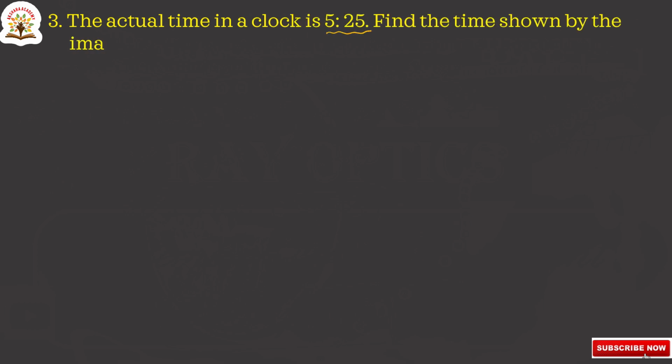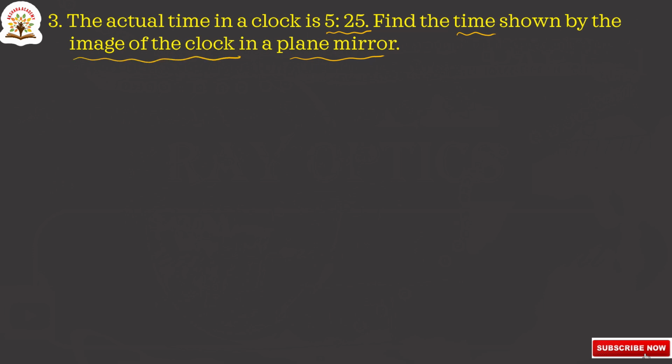In this question, the actual time in a clock is 5 hours 25 minutes. Find the time shown by the image of the clock in a plane mirror. Here we have to calculate the time shown by the image of the clock. Now let us go to the solution.